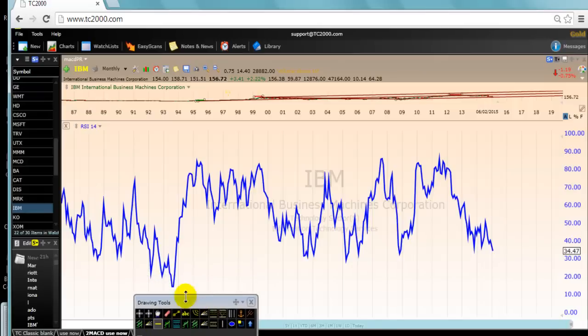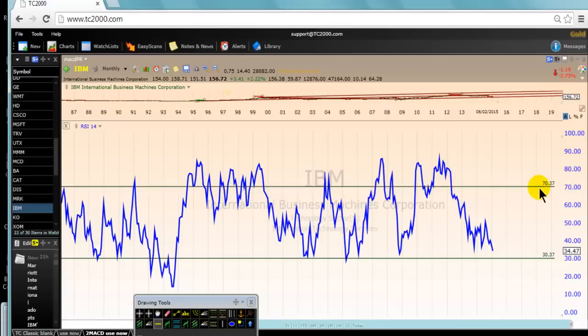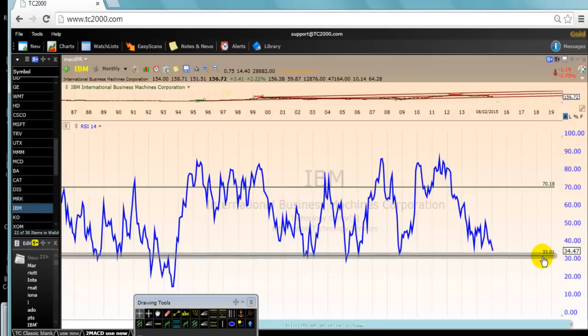Admire the gorgeousness of the RSI for a while before you jump on it. So I use the overbought level of 70, the zone of 70, it's not an exact level, and the zone of 30 as oversold. I set it like this, that's it.